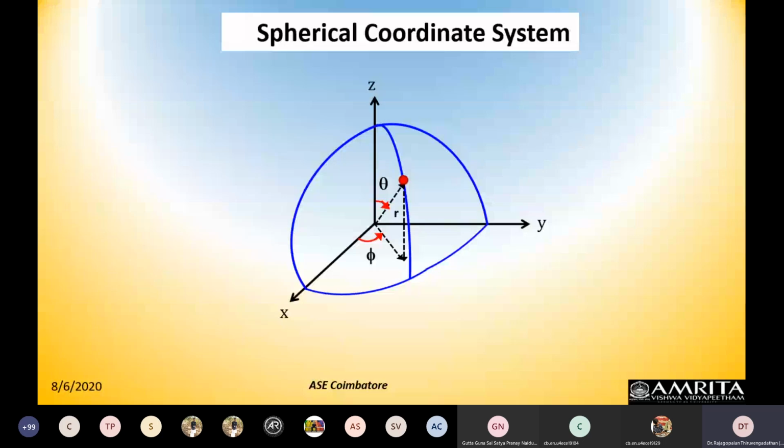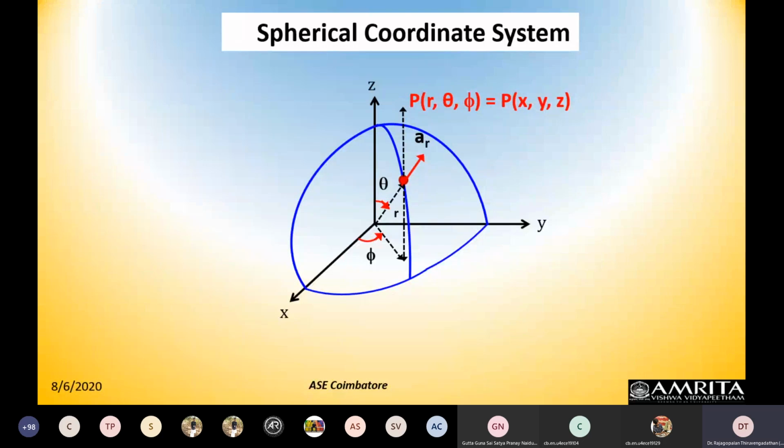So theta is the polar angle, phi is the azimuthal angle, and r is the radial vector. So this point P can be visualized in their equivalent. The point remains the same. It is either represented in the spherical coordinate system or in XYZ.